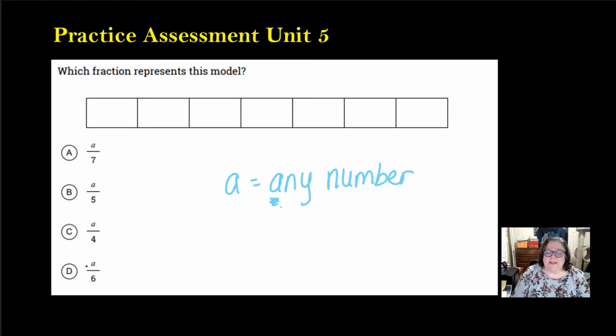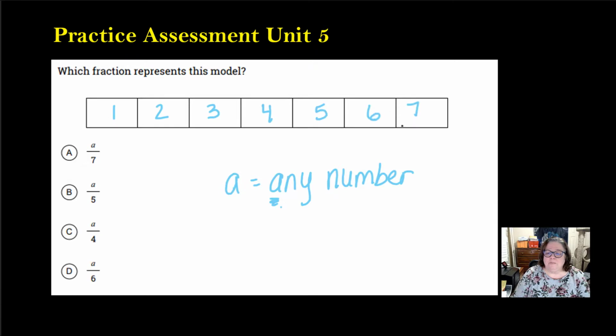Well, that just takes care of part of the fraction, the numerator, because nothing's shaded. What about the denominator? Can we figure out the denominator from this rectangle? Yes, we can. I'll give you a moment to try to figure it out. Pause the video. All right, let's count. 1, 2, 3, 4, 5, 6, 7.